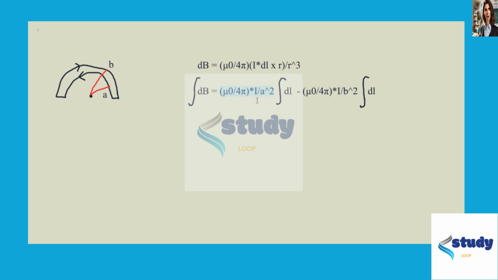So we're going to have total B will be this. And then, like I said, this part is going to be pi times a. And similarly, the contribution from this part, again, I'm making this negative just sort of arbitrarily, is going to be b, and then this is b squared.